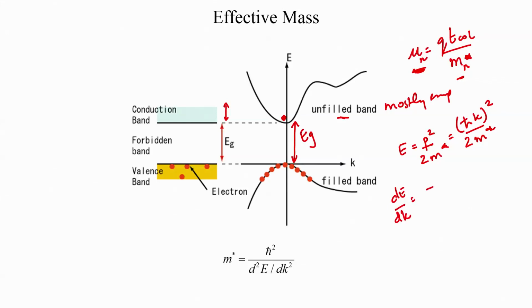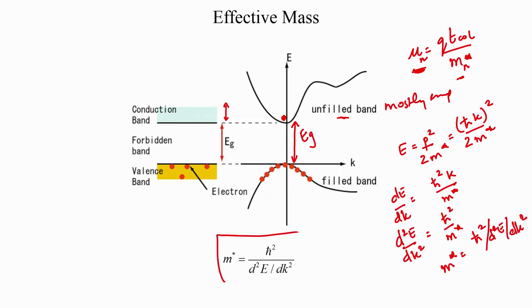It is h bar squared into k by m star, where m star is the effective mass. And what is d squared E by dk squared, the second derivative? It is h bar squared by the effective mass, and therefore the effective mass can also be written as h bar squared divided by d squared E by dk squared, which is the expression given here.